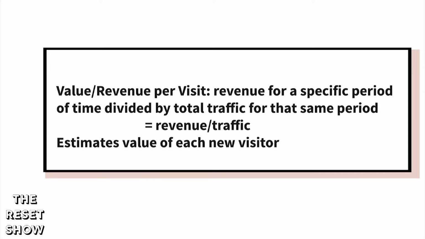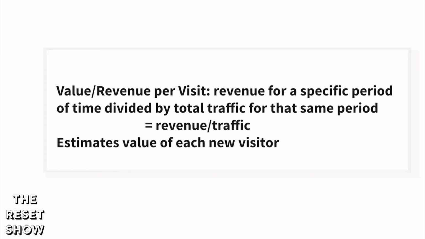There are a few other key metrics, and I'll touch on these briefly, and we can talk about them in more detail in some of the other capsules. But one is the value per visit. So value per visit is essentially your total sales for a specific amount of time divided by your total amount of traffic for that same period of time.